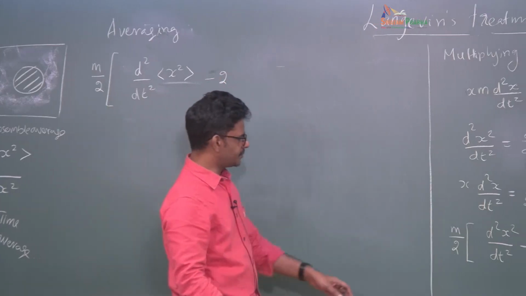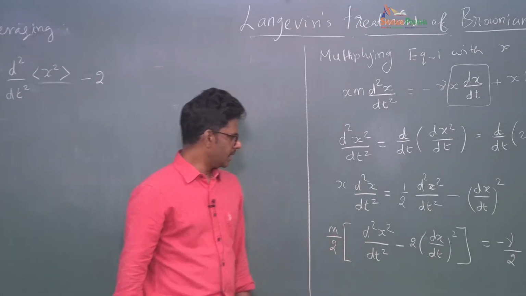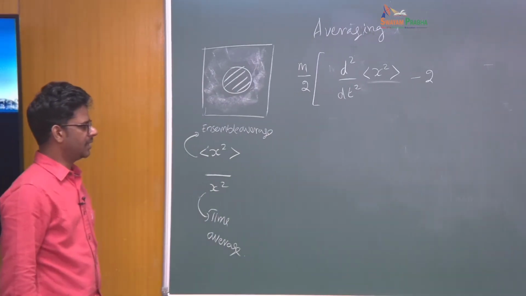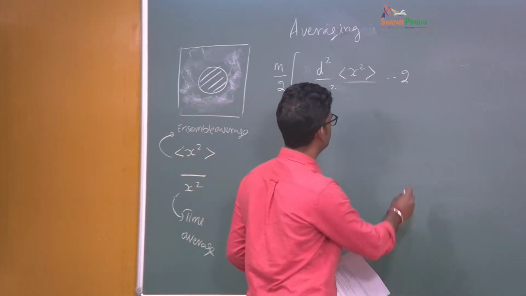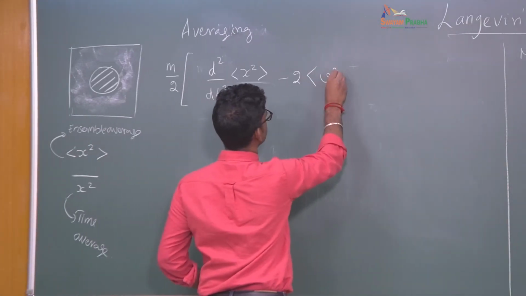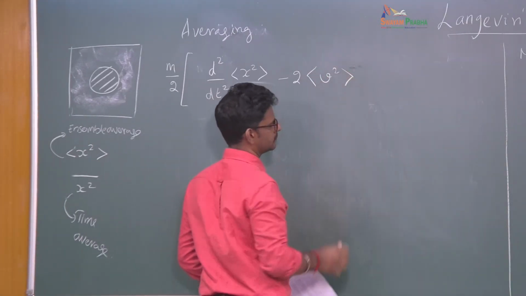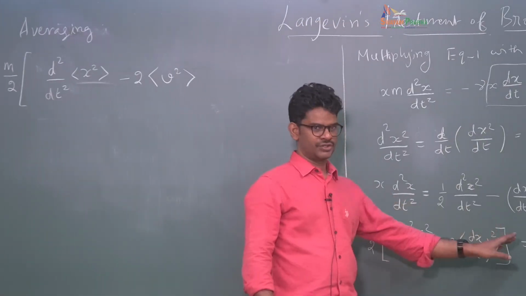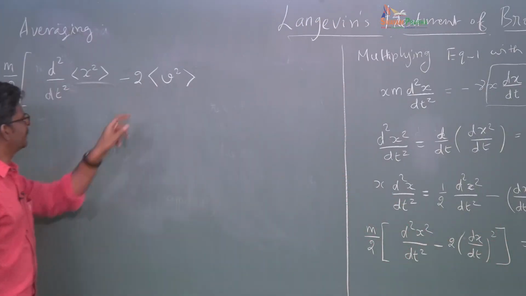So this dx by dt is the velocity. And we are going to write the mean of the velocity squared. dx by dt is velocity squared, and then averaged over. So then you are going to get the velocity average.